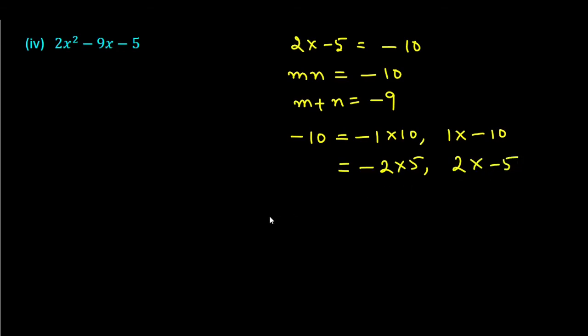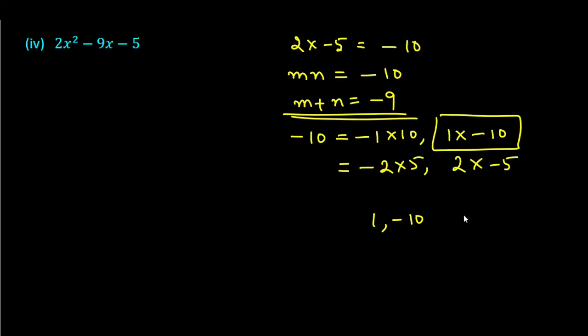These are the only possible pairs of factors. We want to get the sum as −9. So here 1 and −10. The sum of 1 and −10 is −9. So 1 and −10 is the right pair of factors.